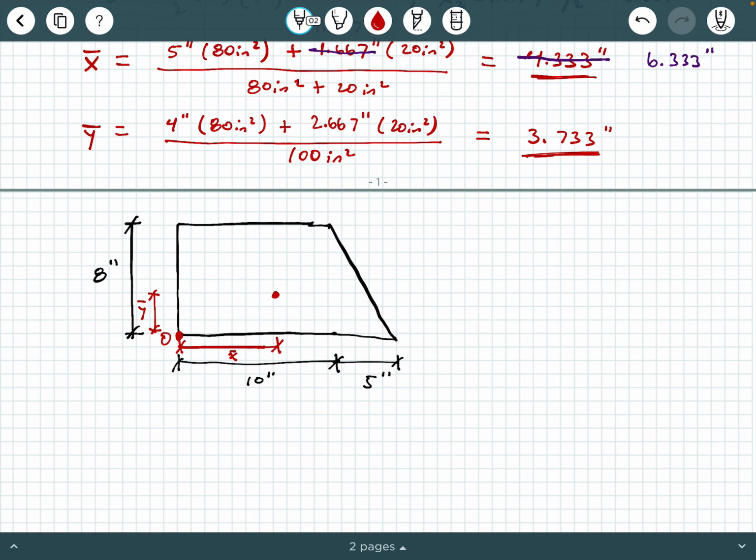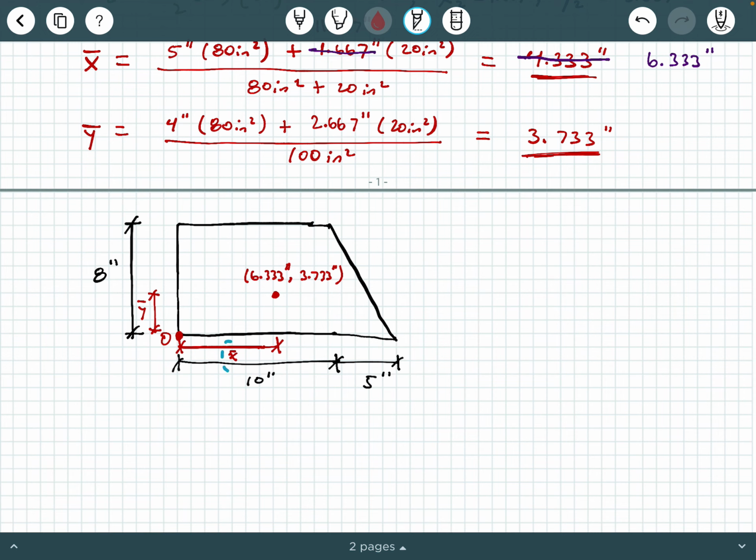And again, those coordinates are 6.333 inches, comma, 3.733 inches. Okay, that's my centroidal coordinates. And if you notice, this centroid is below 4 inches, which makes sense. Notice you have more area down here at the bottom compared to up here at the top, since you're missing a little slice right here.